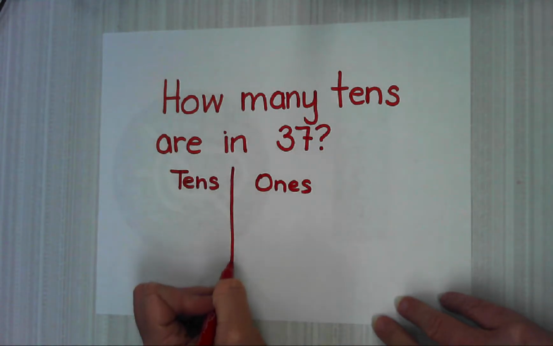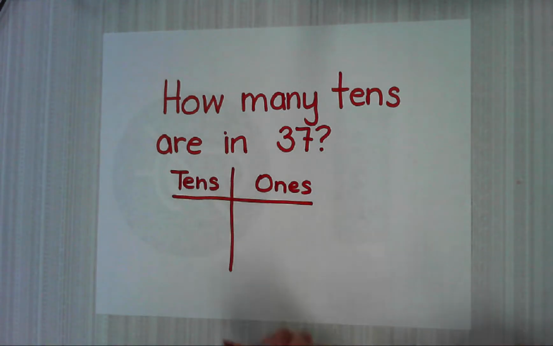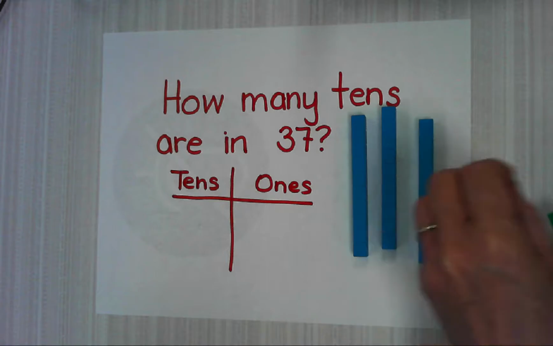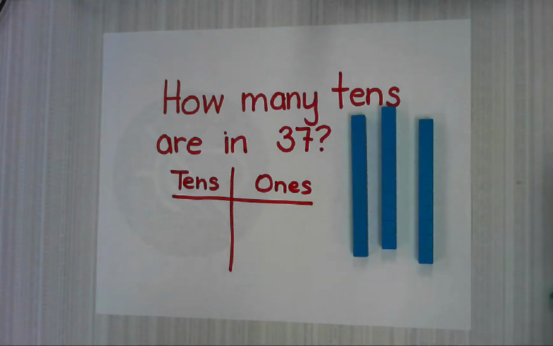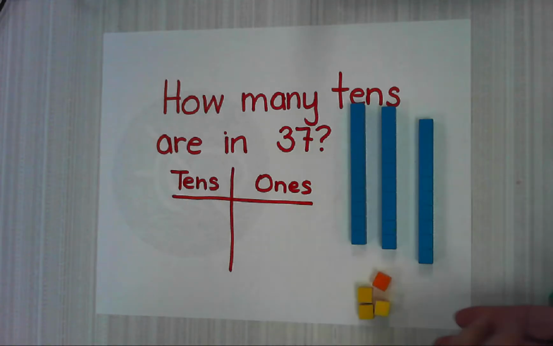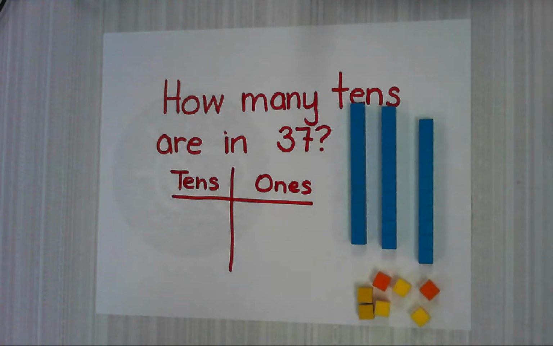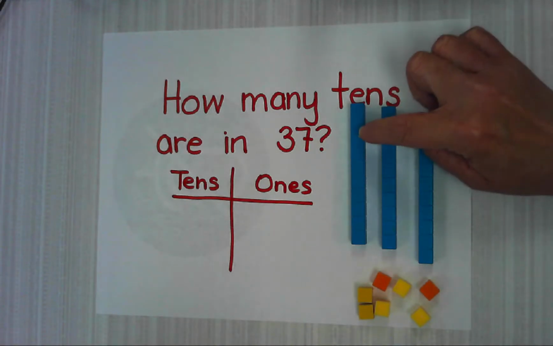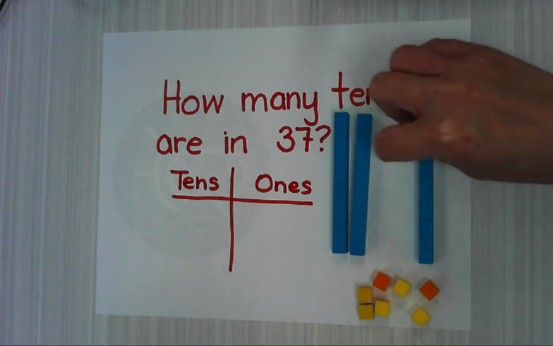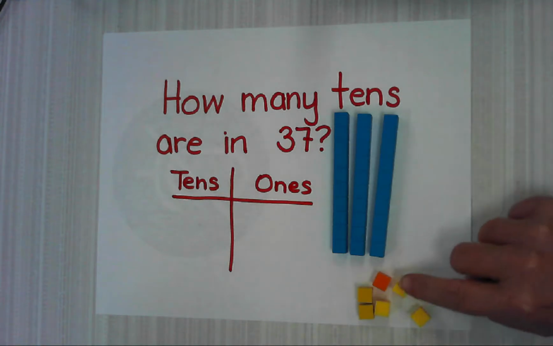So 37, if we use our base 10 blocks, looks like this. We count these by 10, 10, 20, 30. And these we count by 1.